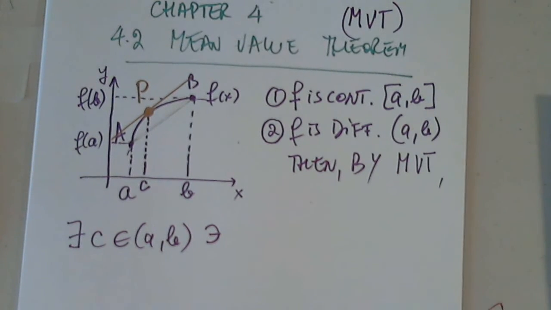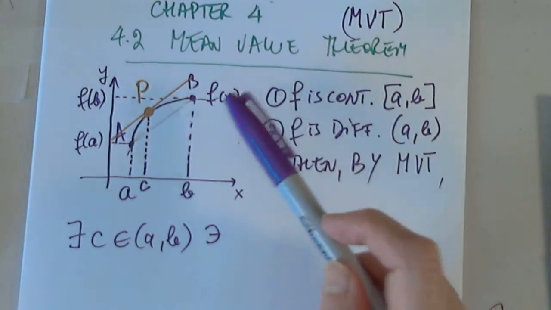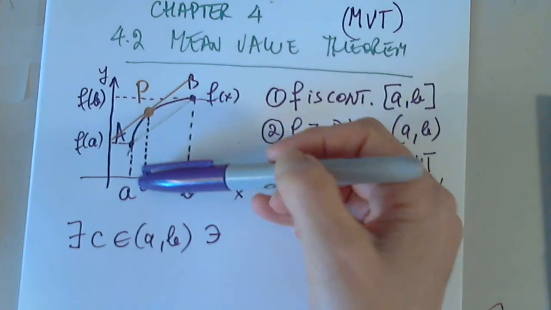So based on what I just did, what will you say? So this is the tangent at P to the graph of the function f at P. And the x-coordinate is c.